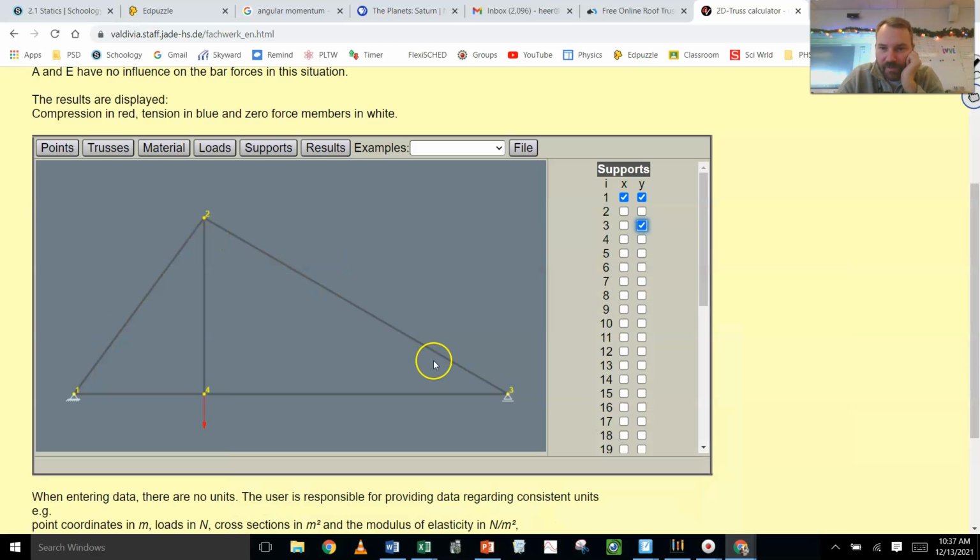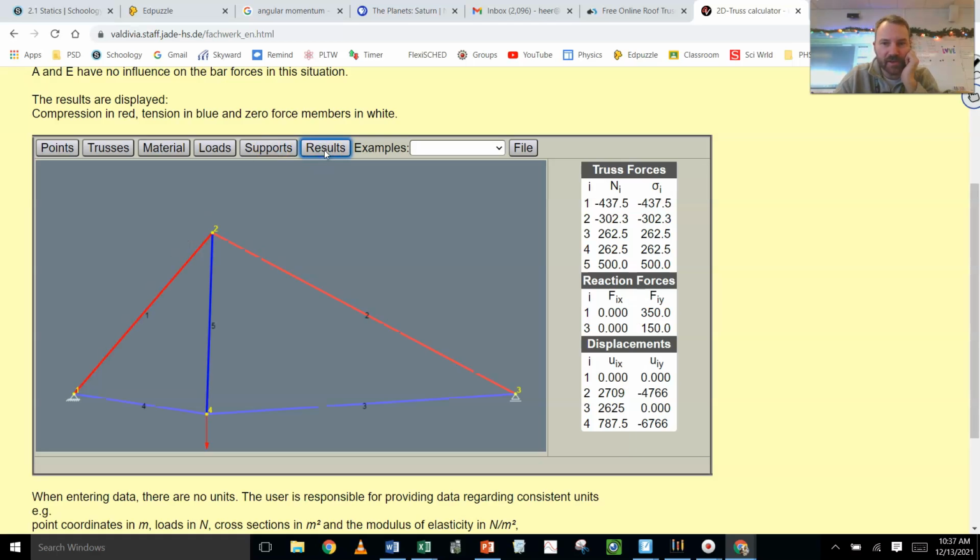So then, once we have everything in, we just worked our way across the top, and then we're going to hit results. Right here, it's going to tell us exactly how much force is going on. First of all, our reaction forces. At number 1, there's no left and right.